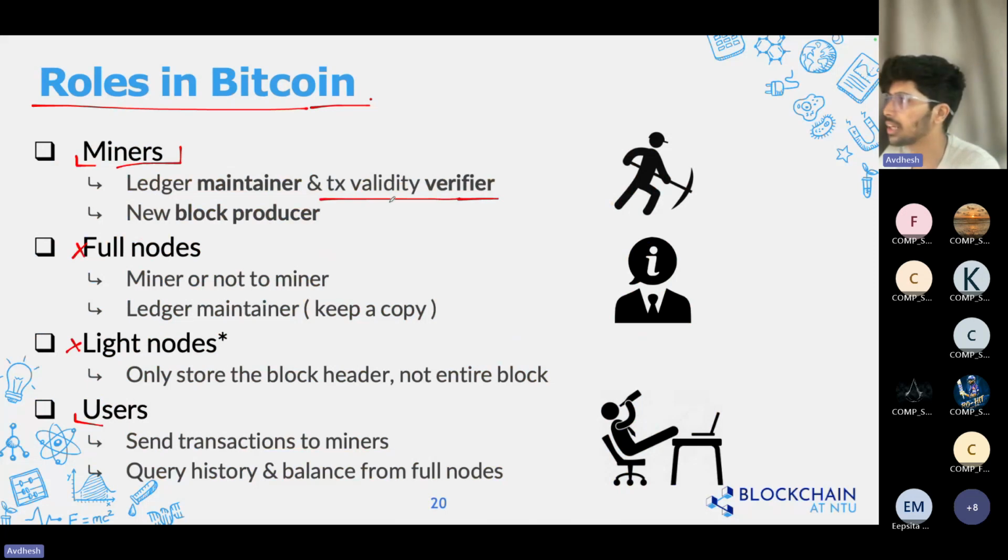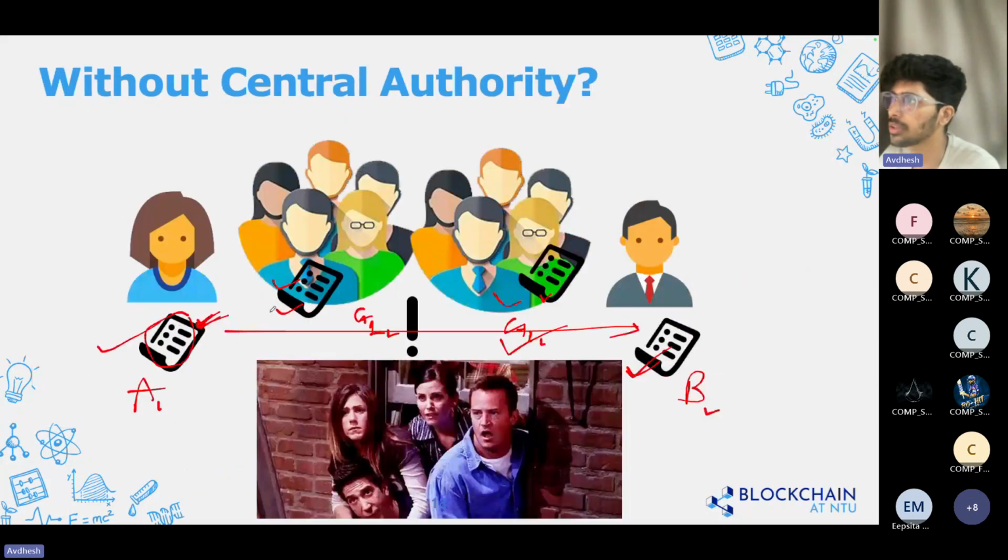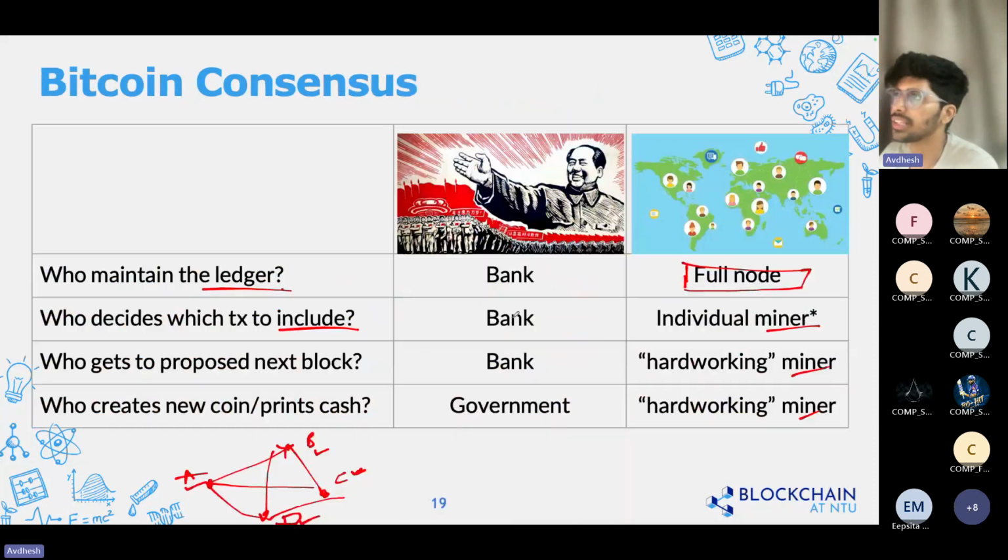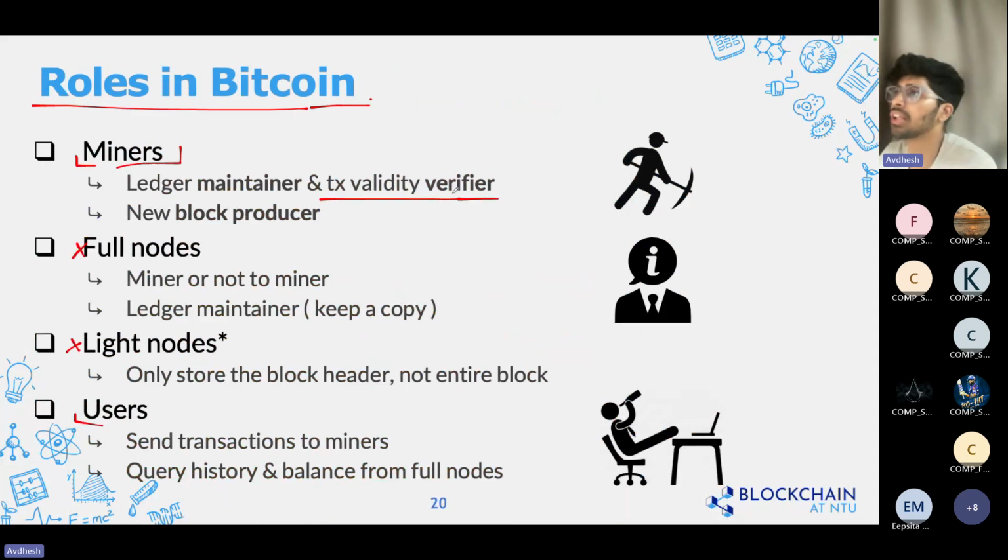If Alice is sending Bob 10 bitcoins, he's verifying that Alice has actually sent 10 bitcoins from her wallet to Bob's wallet. And miners are new block producers as well. I'll go through this concept later. The full nodes are miners.